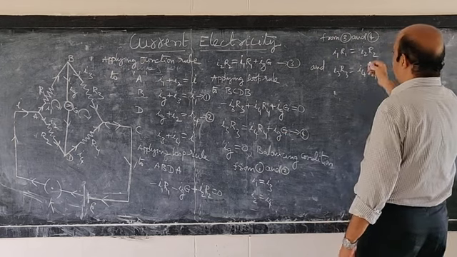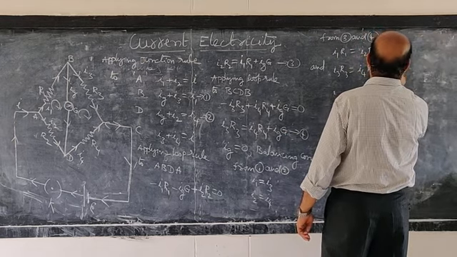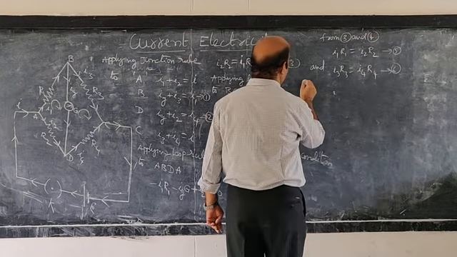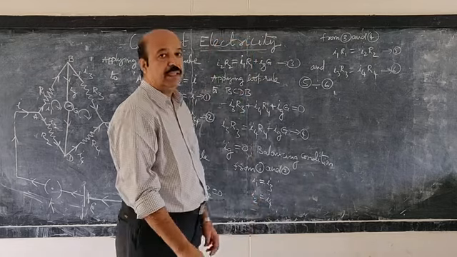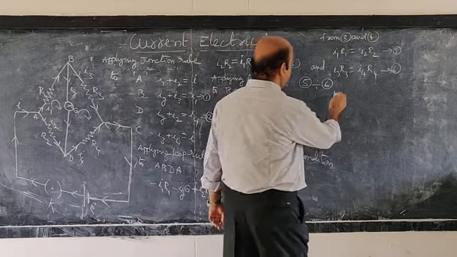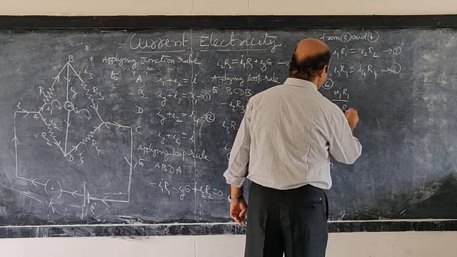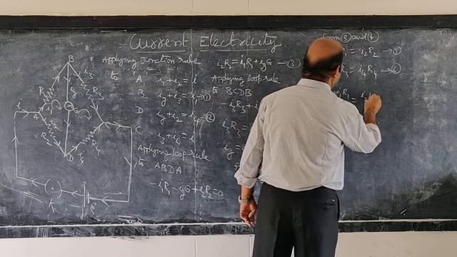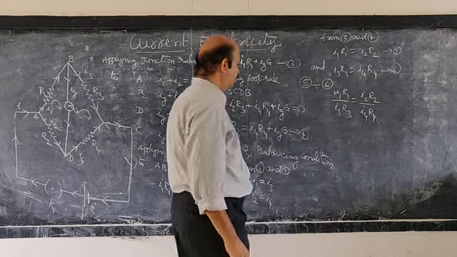Now let us call these the 5th equation and 6th equation. Let us divide equation 5 by 6. That is I1 R1 by I3 R3 is equal to I2 R2 by I4 R4.